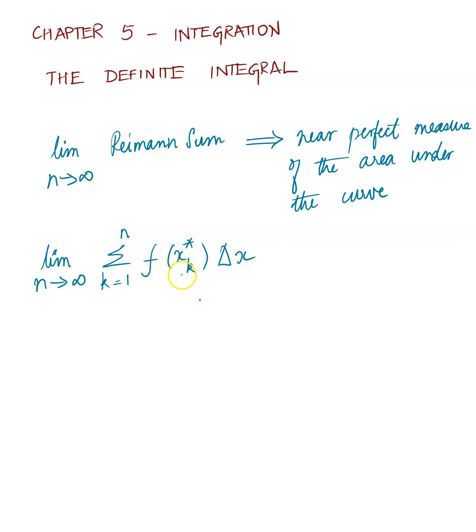And if you remember, x_k with an asterisk, with a star, tells us that you can choose any point in the interval. It doesn't have to be the left endpoint, the right endpoint, or the midpoint. It could be any point in the interval, because your rectangles are so thin that it really doesn't matter where you pick your point.